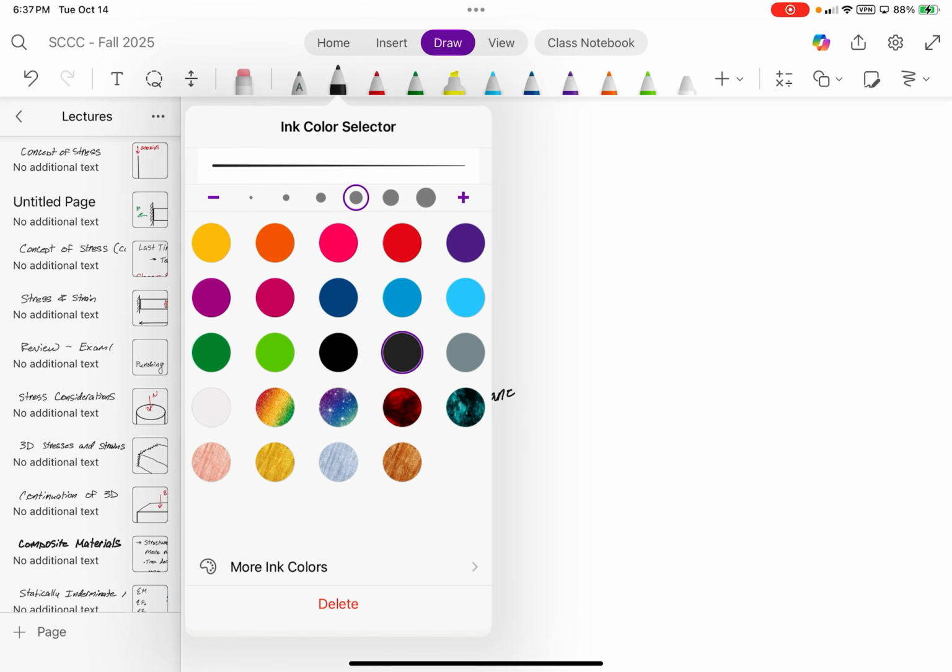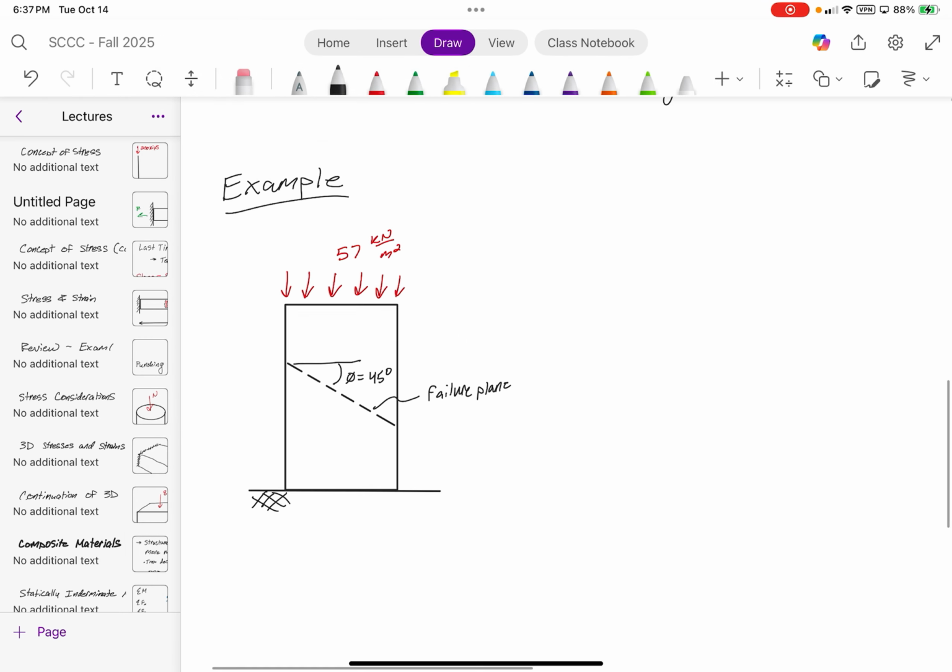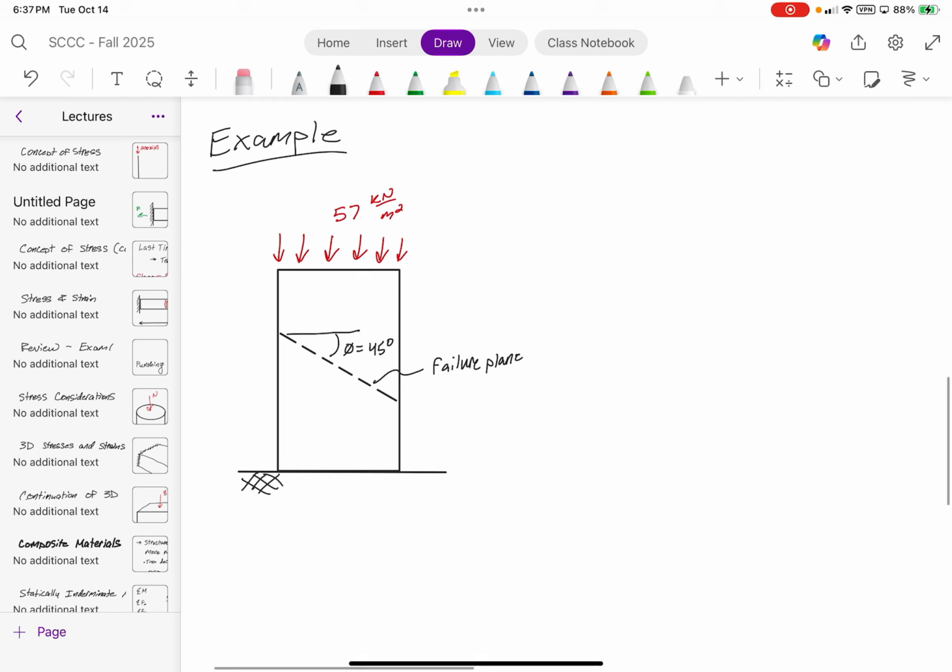Right? So, using our stress equations, what I want to know is the transformed stress in X, the transformed stress in Y, and the transformed shear stress, just using the equations.